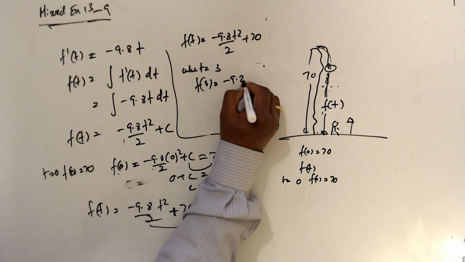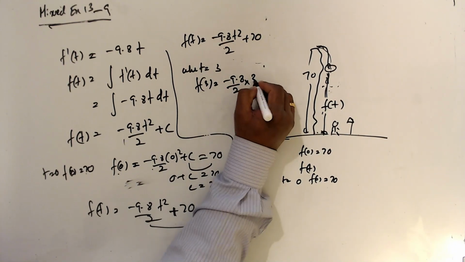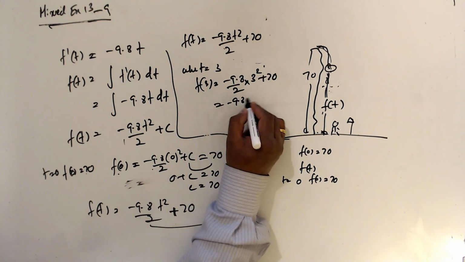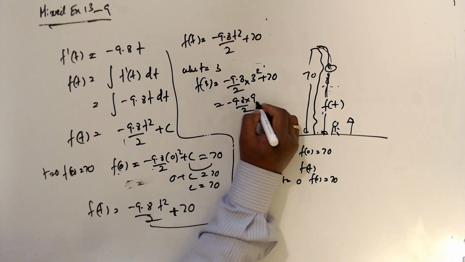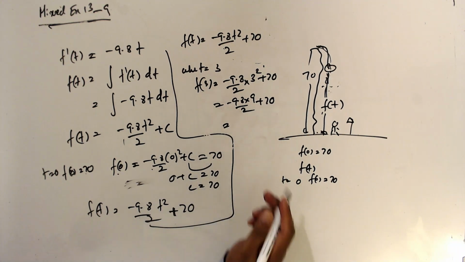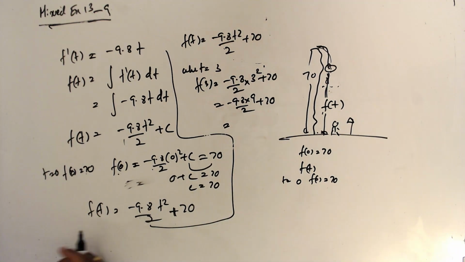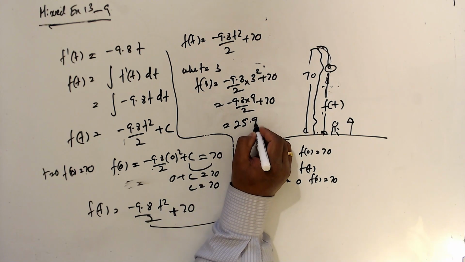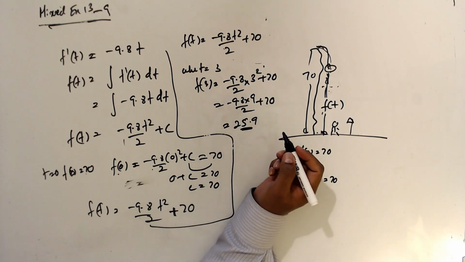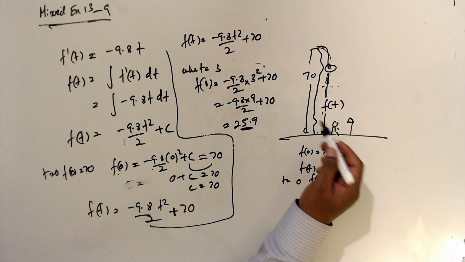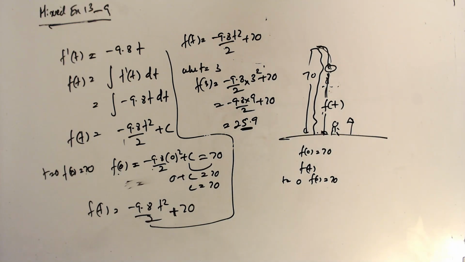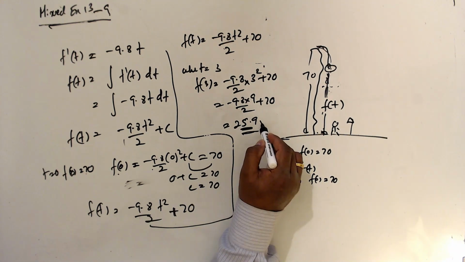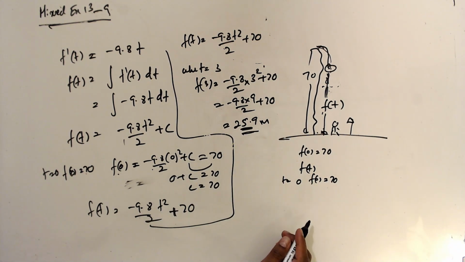When t equals 3, f(3) is minus 9.8 over 2 times 3 square plus 70, which is 9.8 times 9 over 2 plus 70. So you'll get the answer as 25.9. After 3 seconds, the height is 25.9 meters.